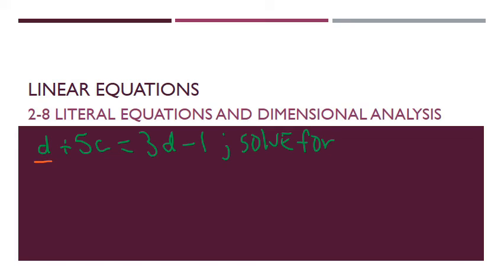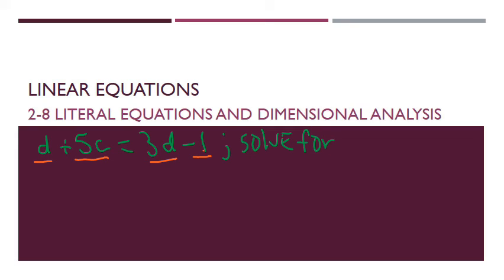I've got a D here, but I also have 3D here. D and 3D are the same term. We're going to have to combine like terms. And I've got 5C here, that would be my second term. And I've got a minus 1 here, which is my third term.